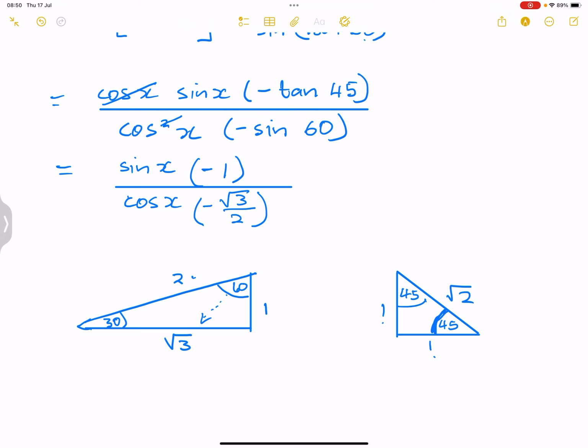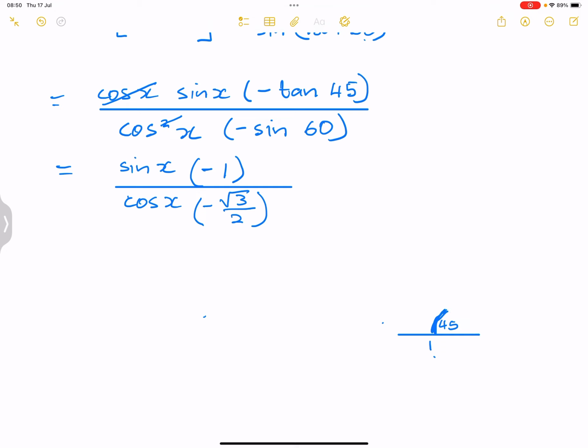All right, ladies and gents, I'm going to just remove these so that we've got a bit of space. Right, you could have also just used your calculator, but please, it's important for you, especially if you're going to be writing those tests. It's really, really important. So I see I've got negative sine x multiplied by 1, divided by cos of x, negative cos x, multiplied by root 3 over 2.